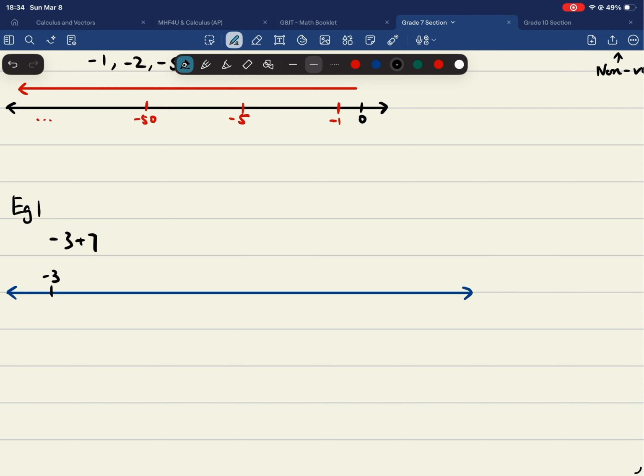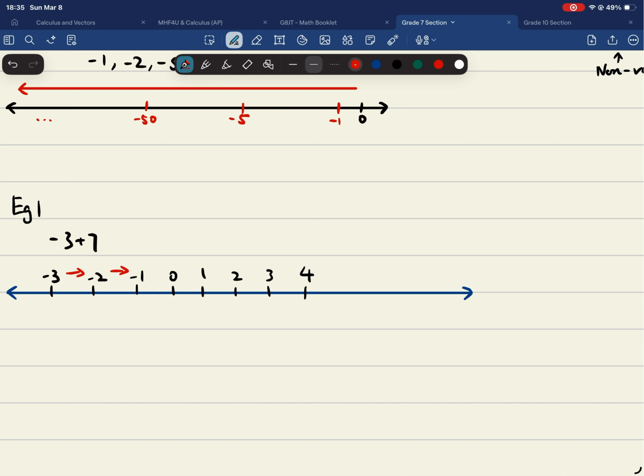Remember from last page, we said when it's positive, then it'll be to the right. So if I have -3 here, then I gotta move 7 steps to the right. So let's count. This will be -2, -1, 0, 1, 2, 3, and 4.